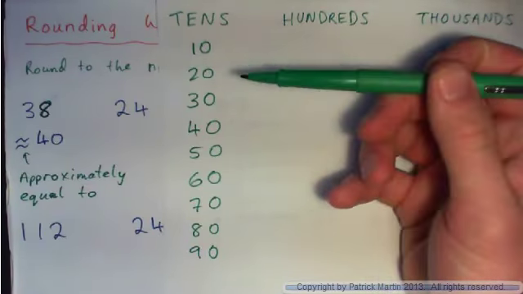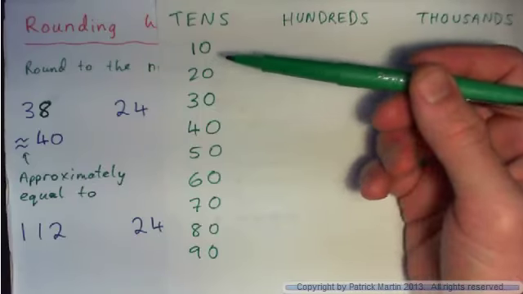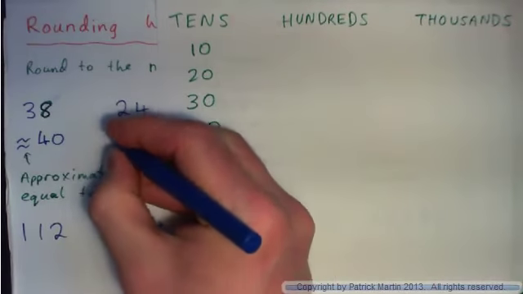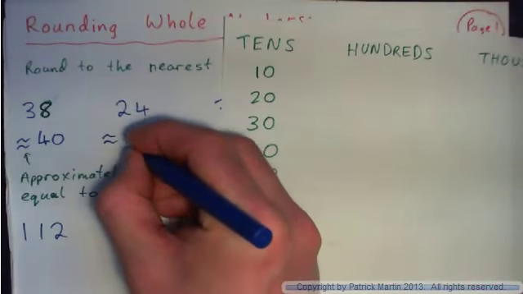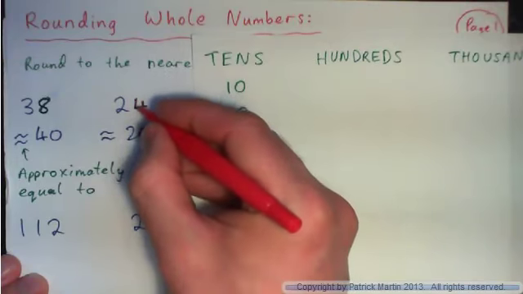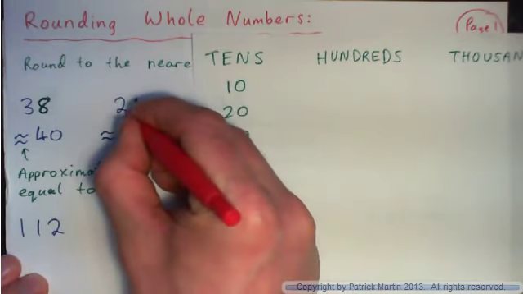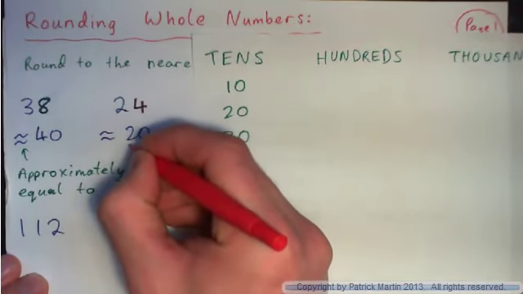So we say 24 is approximately equal to 20. Now, the other way of doing it is to say, look, in the units place we have a 4. Now, if this digit is 4 or less, we round down. And so this digit stays the same. It just stays at a 2. Okay?